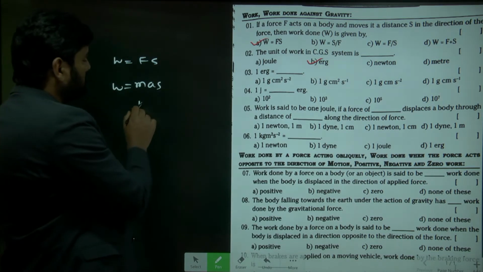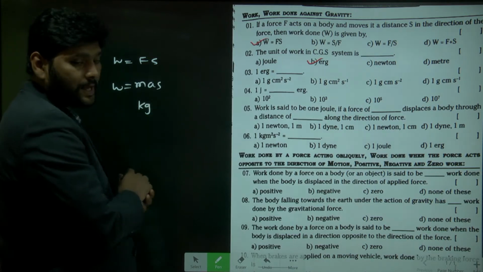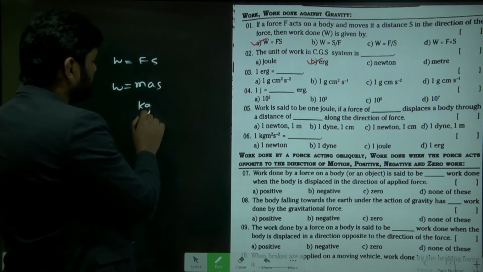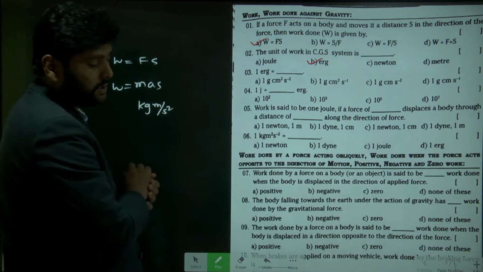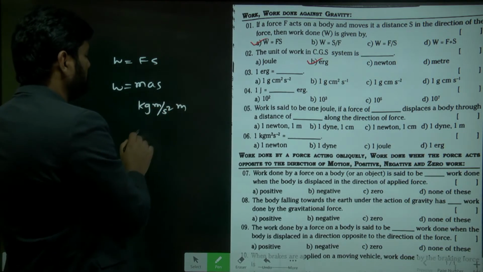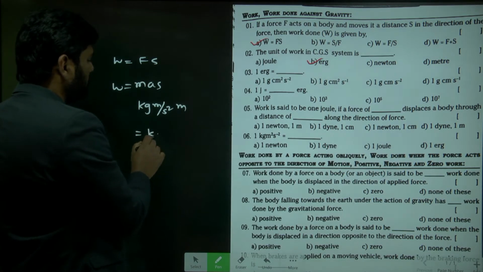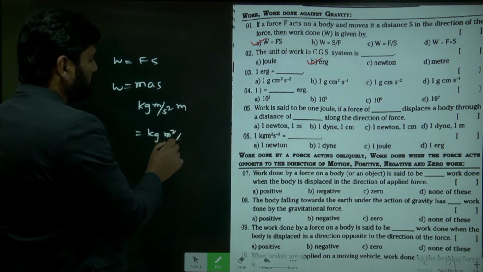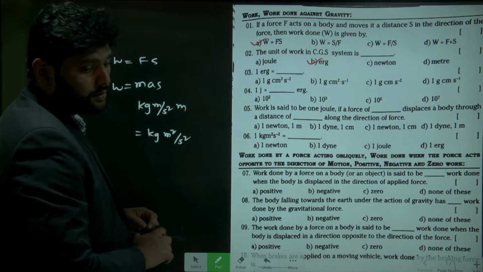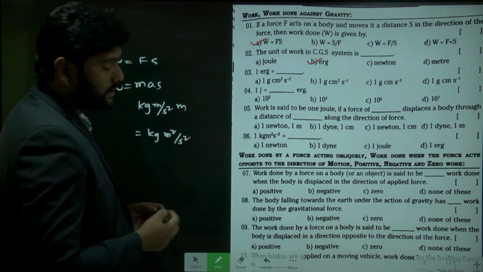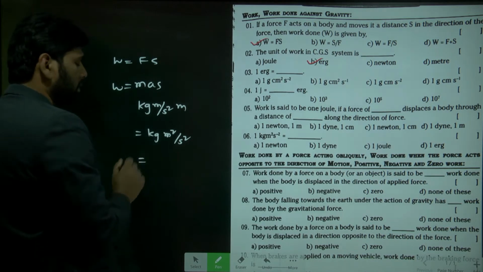Mass units are kg. Acceleration units are meter per second square, and distance is also in meters. Totally kg meter square per second square. This is the unit for work in the SI system.